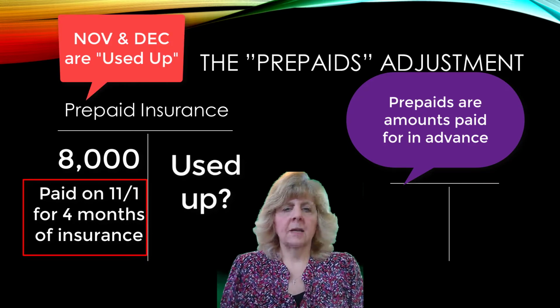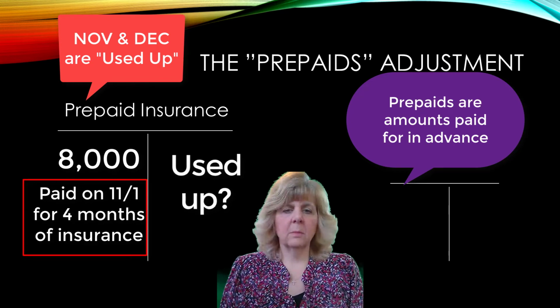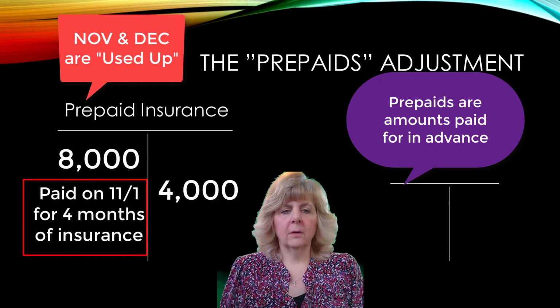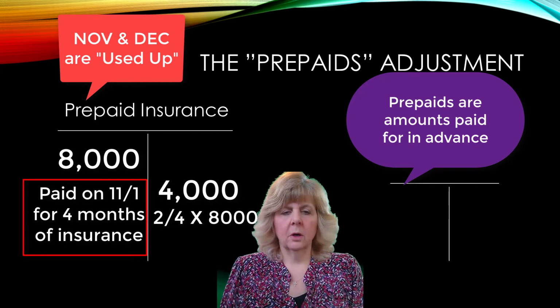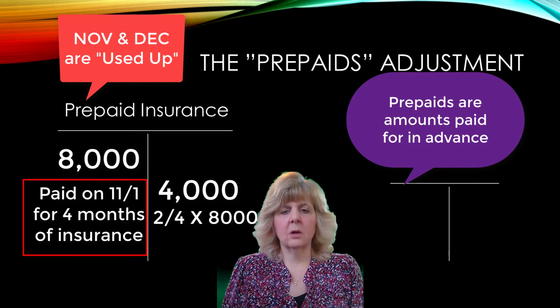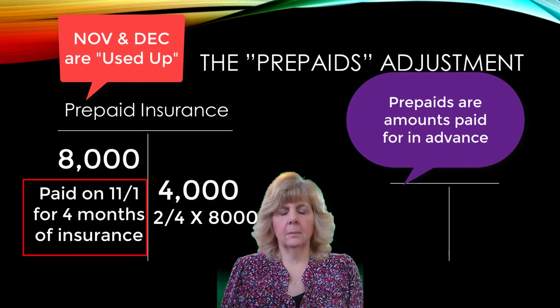That means that we need to adjust the prepaid insurance downwards for 2/4 of $8,000, or another way of saying it is for half of $8,000. In this case, that would equate to $4,000 of prepaid insurance that no longer has value to it.